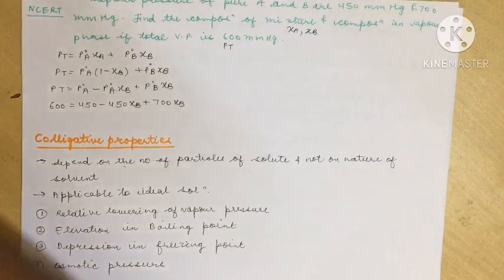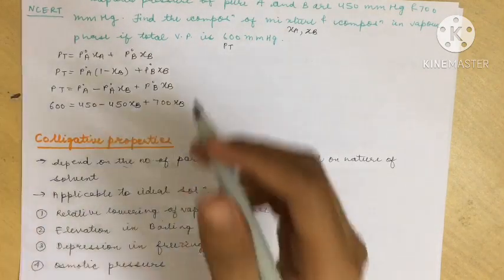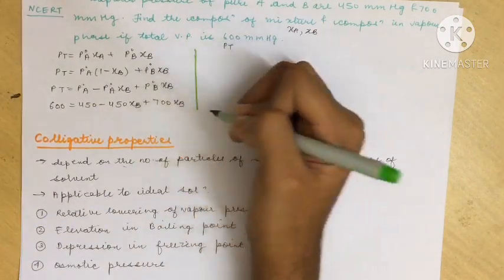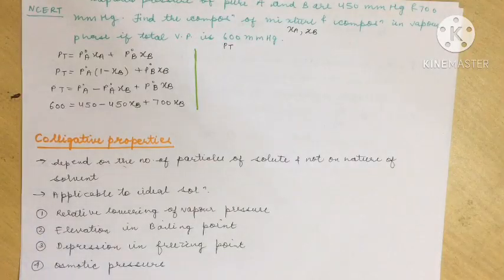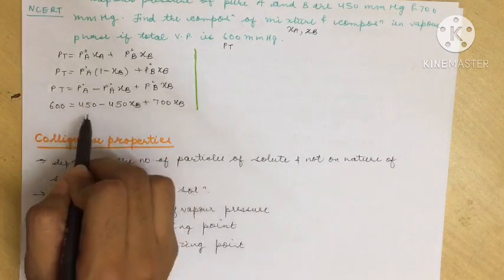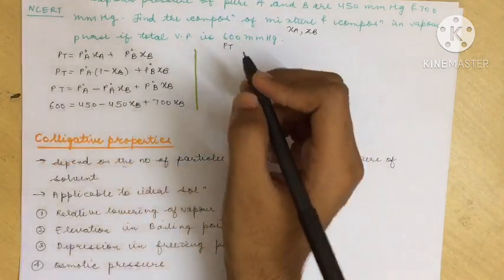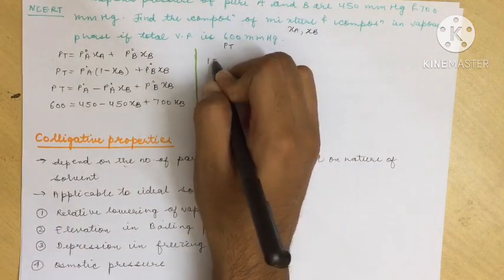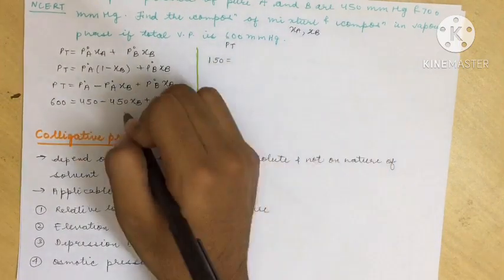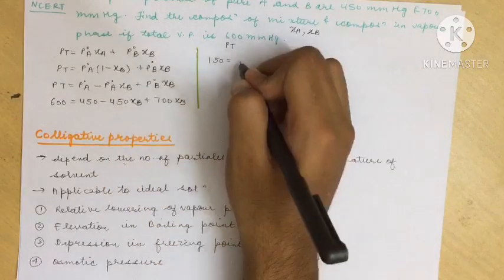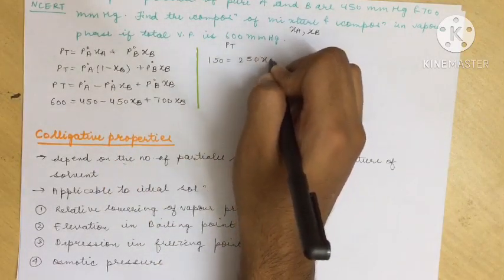Now we'll make a partition. We'll solve further over here. So solving it, what do we get? When we subtract, we get 150 equal to 250 Xb.